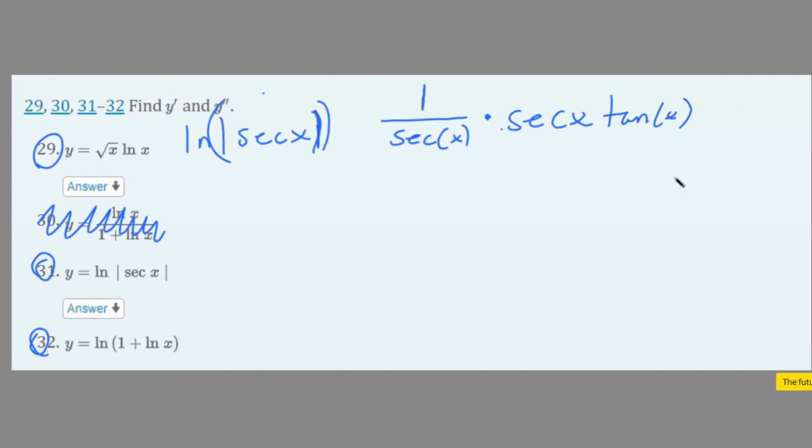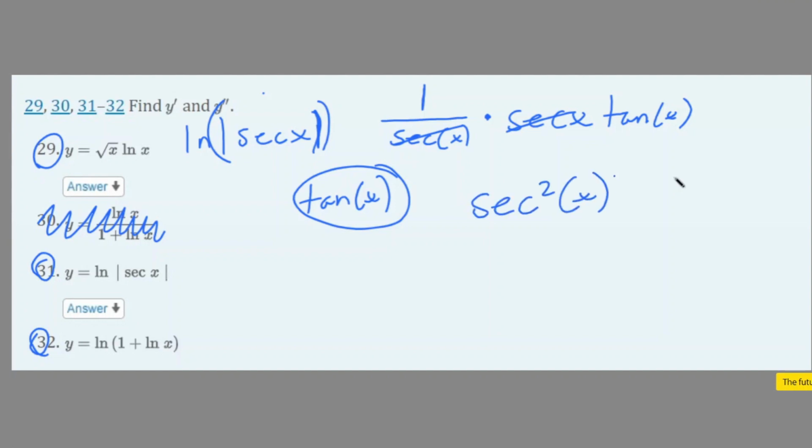So now if we put it all together, we can cross out the secants, and we're just left with tangent x as the first derivative. And now for the second derivative, we want to find the derivative of tangent x. So the derivative of tangent x is just secant squared x. And that would be your second derivative for number 31, and the first derivative is tangent x.